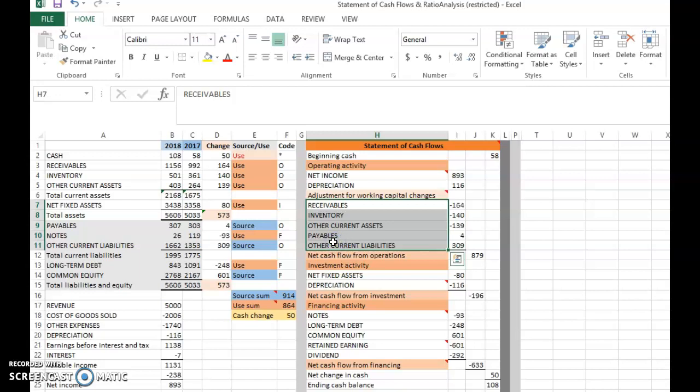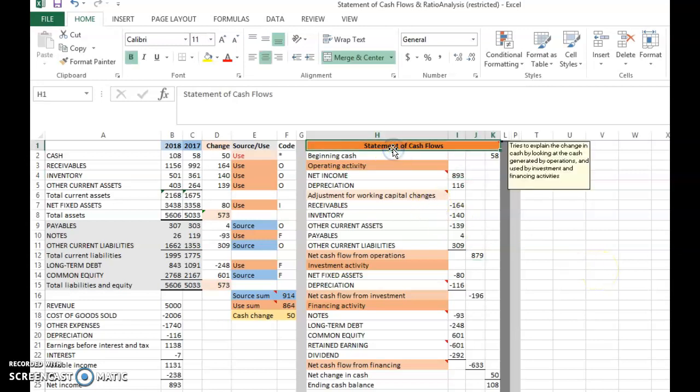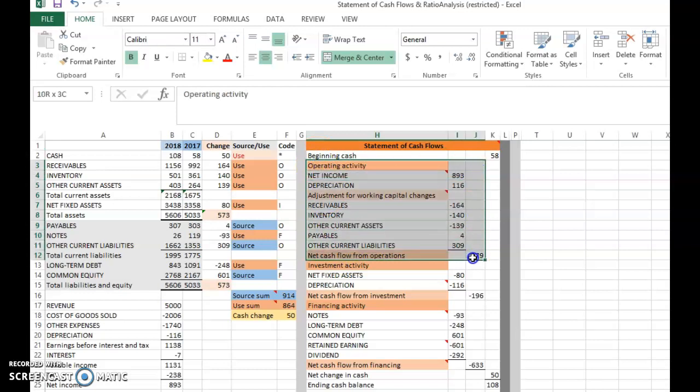Here we are only making adjustments for operating working capital. We leave out cash. So this is the net cash flow from operations based on the perspective of the statement of cash flows.